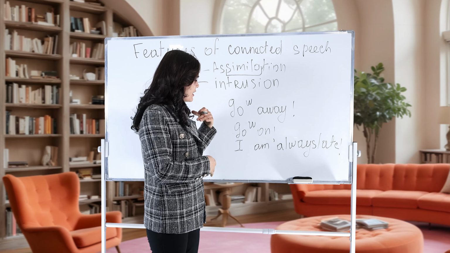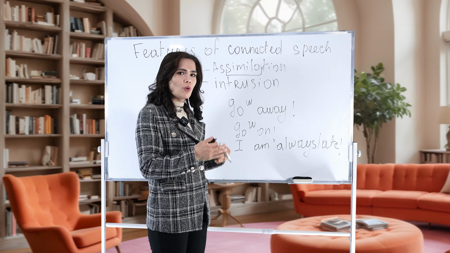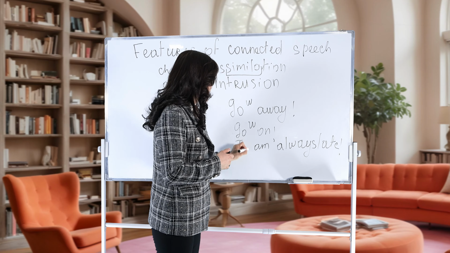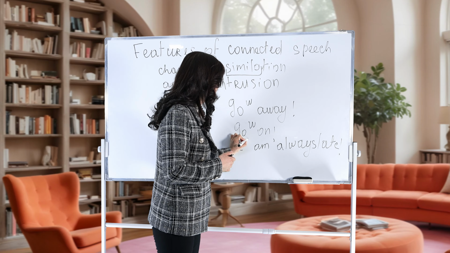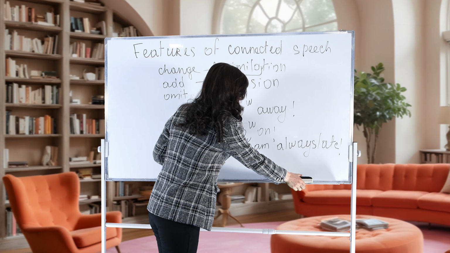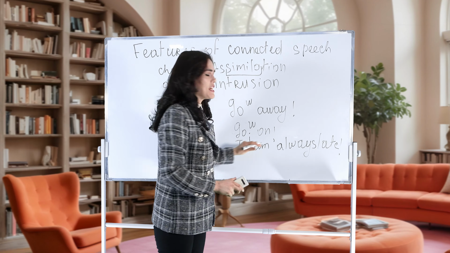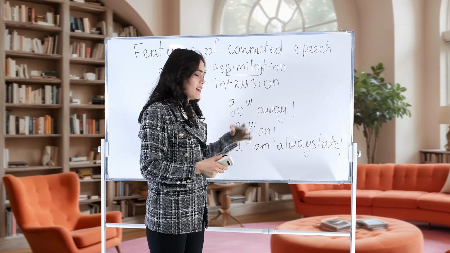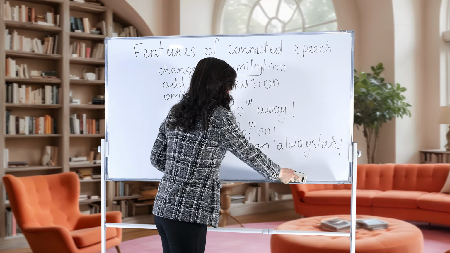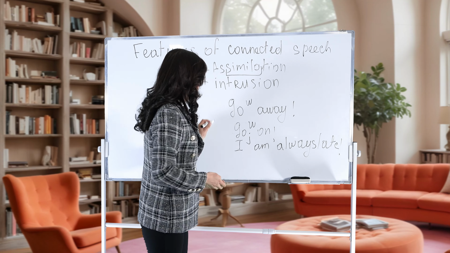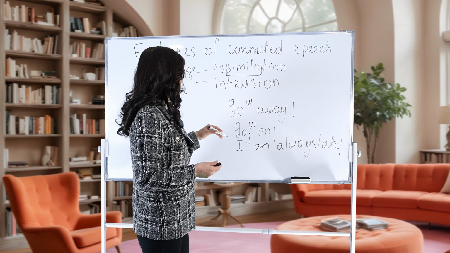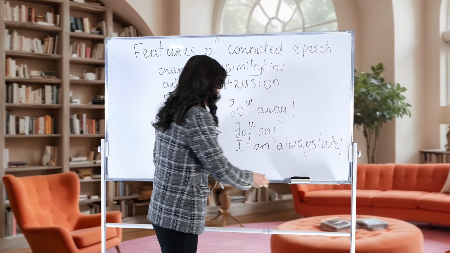But when you try to sound more natural, you connect them with the help of a linking y sound. For example, I am always late. I am always late. Okay? So these examples are for intrusion.